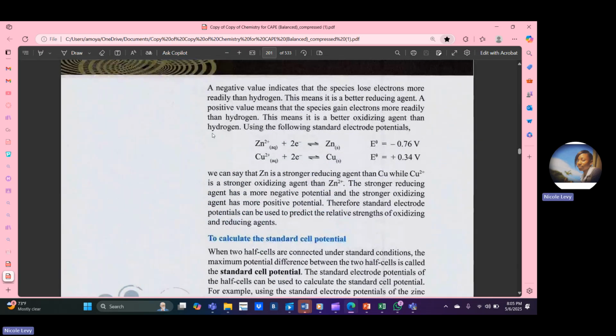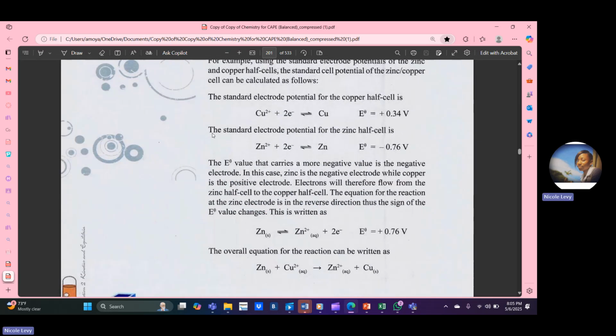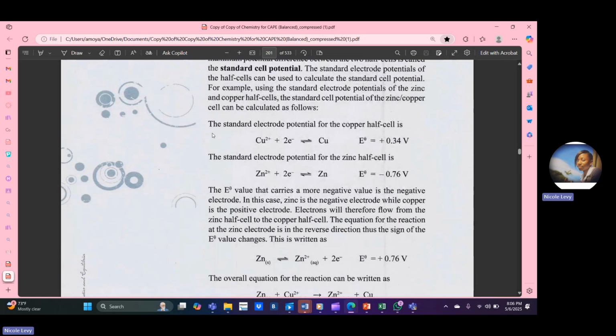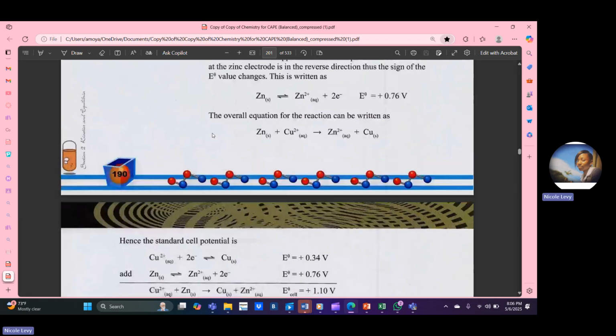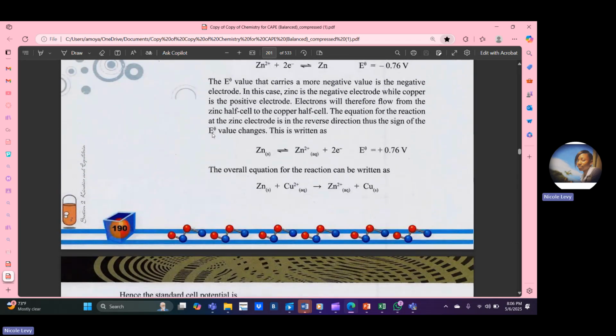So the equation for the reaction at the zinc electrode is in the reverse direction, thus the sign of the E value changes.